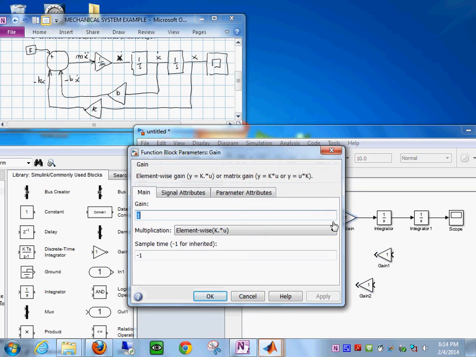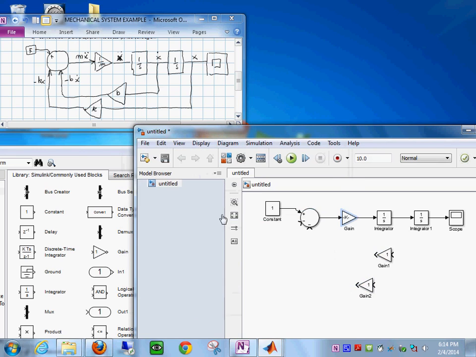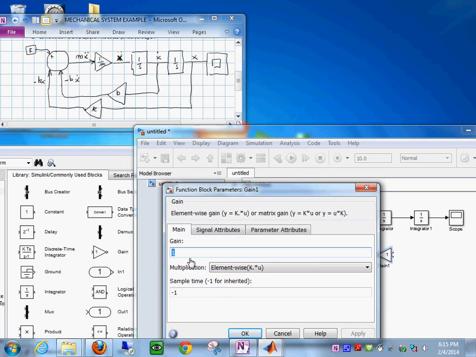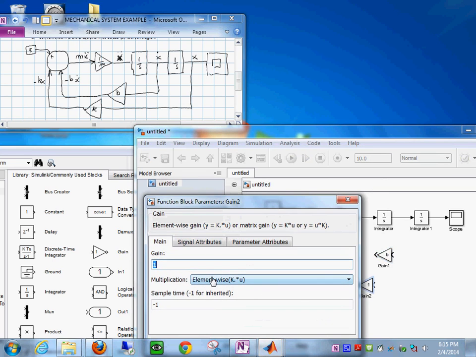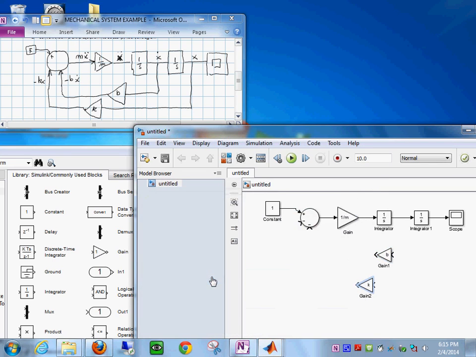This right here was 1 over m, and then for the other two, this was of course, what did we say, this is b, right? And the other one was k, so let's just do that.